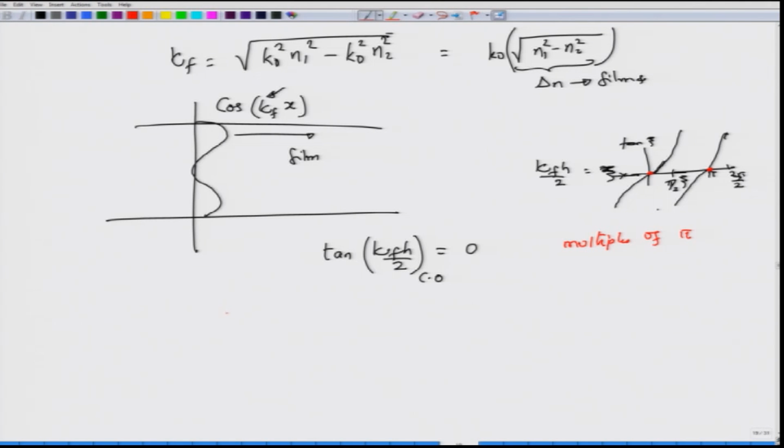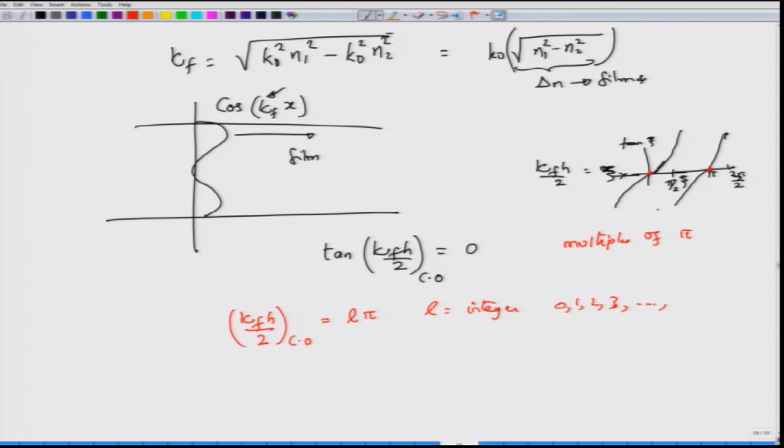So, let us look at this. I have kappa f h by 2 under cutoff being equal to some integer L times pi, where L is 0, 1, 2, 3 and so on, and the different modes that are possible are also written out here.